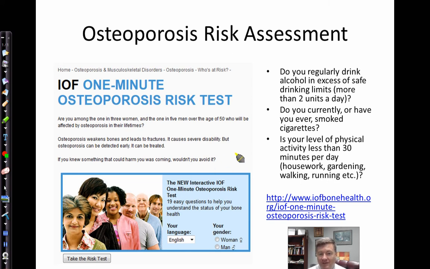So one of the ways that we really pay attention to osteoporosis risk is that many times you don't know you have it until you have that first fracture, unless you're being screened for it. So one way of looking at which people should be screened more aggressively is doing these risk assessments. As you will learn in the medical field, one of the most important things you do is talk with patients and get their history, get their story.